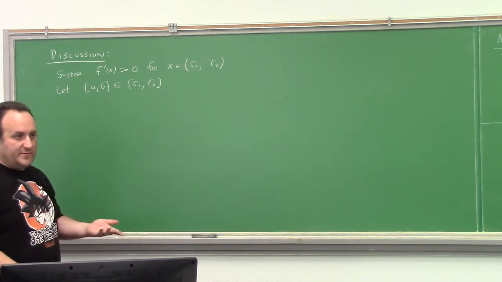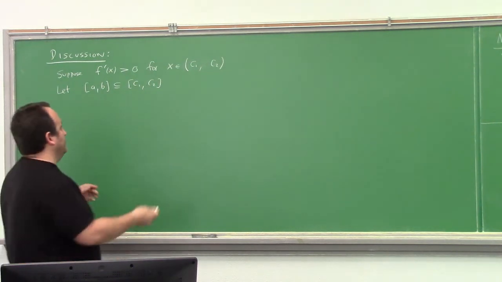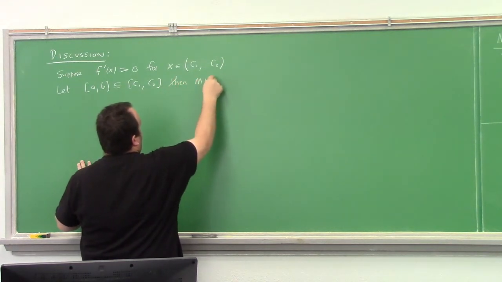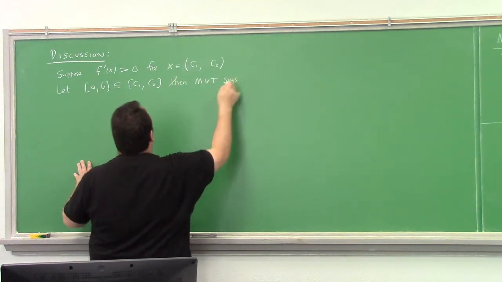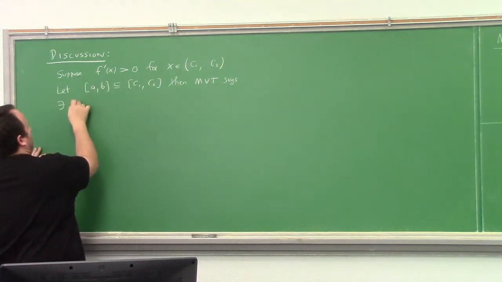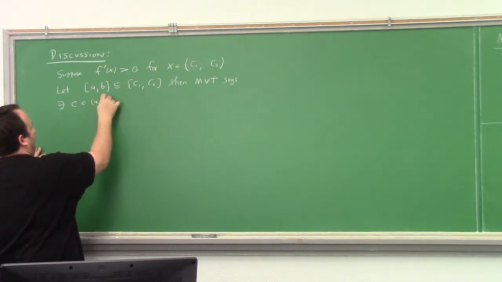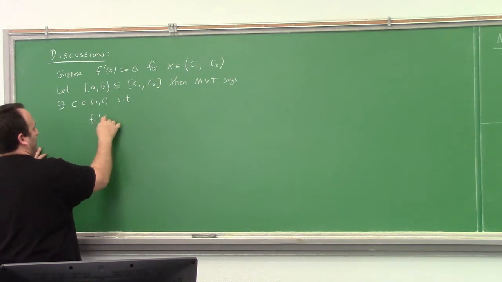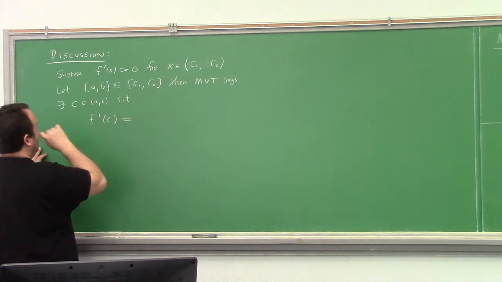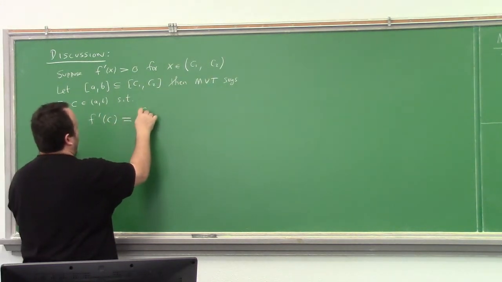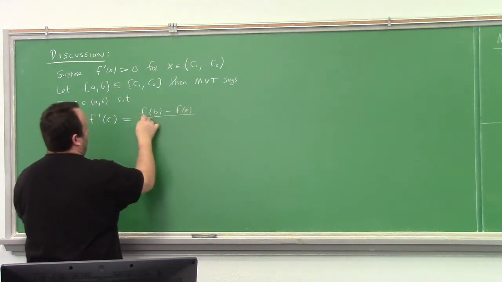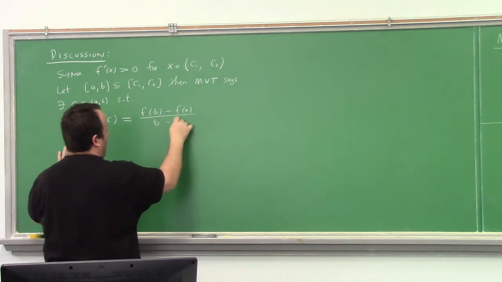Then what does the mean value theorem tell us? There exists c in a to b such that f prime of c equals f of b minus f of a, divided by b minus a.